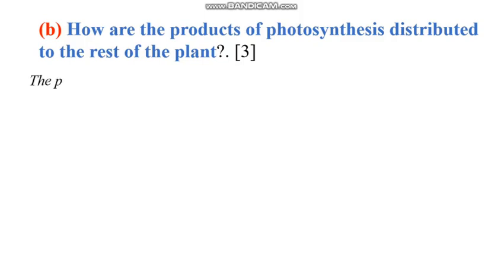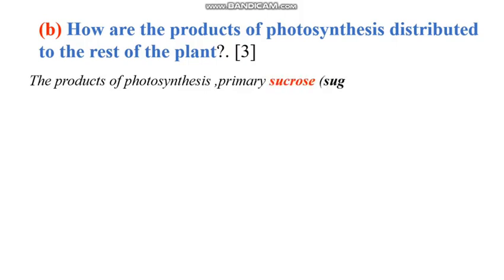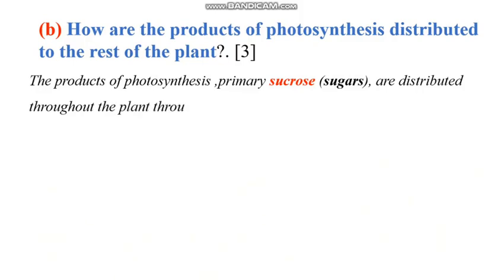Here we have said that the products of photosynthesis, primarily sucrose, which are the sugars, are distributed throughout the plant through the phloem tissues by the process called translocation.